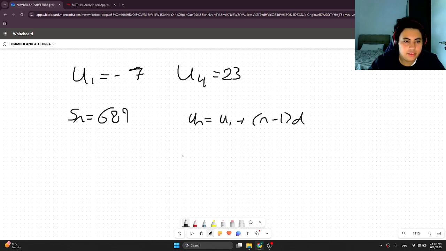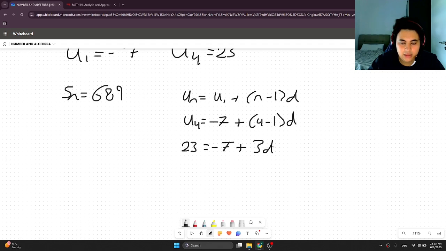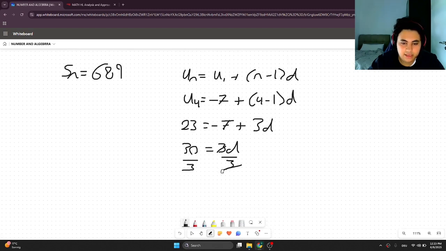So u4 is equal to u1, which is negative 7, plus 4 minus 1 times d. u4 is equal to 23, so 23 is equal to negative 7 plus 3d. Then this is going to be 30 is equal to 3d. Divide both sides by 3. This cancels out.